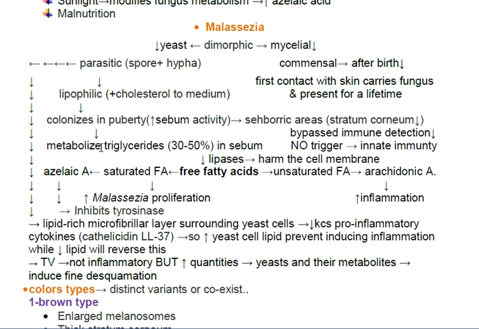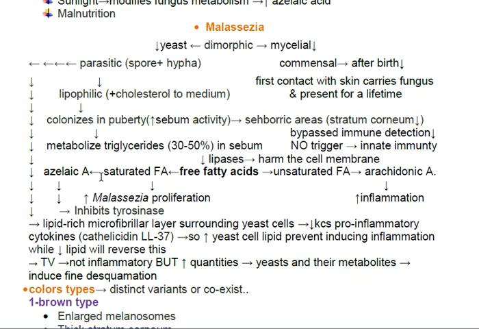It metabolizes triglycerides, which make up about 30 to 50% of sebum, by lipase, which is harmful to the cell membrane. It increases free fatty acids, both unsaturated and saturated. The unsaturated ones, like arachidonic acid, initiate inflammation. The saturated ones increase Malassezia proliferation.